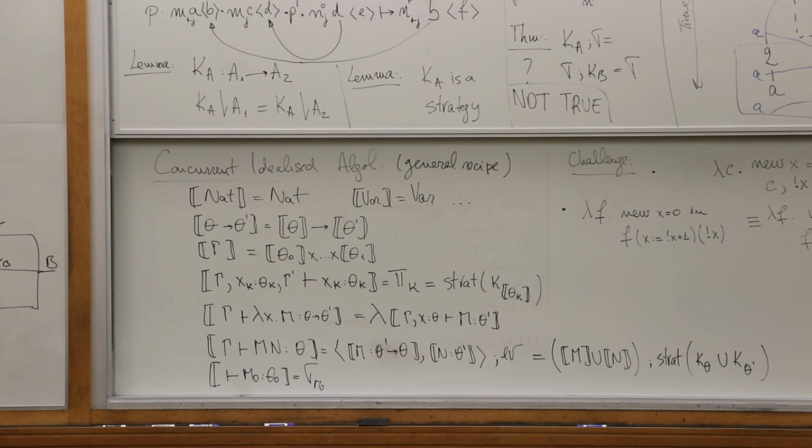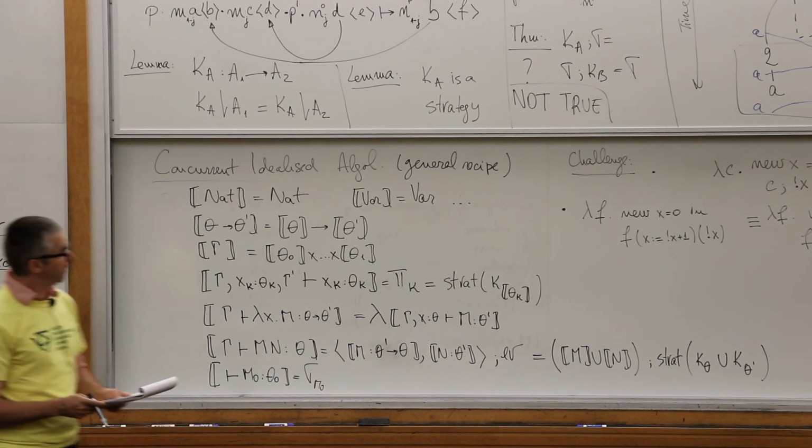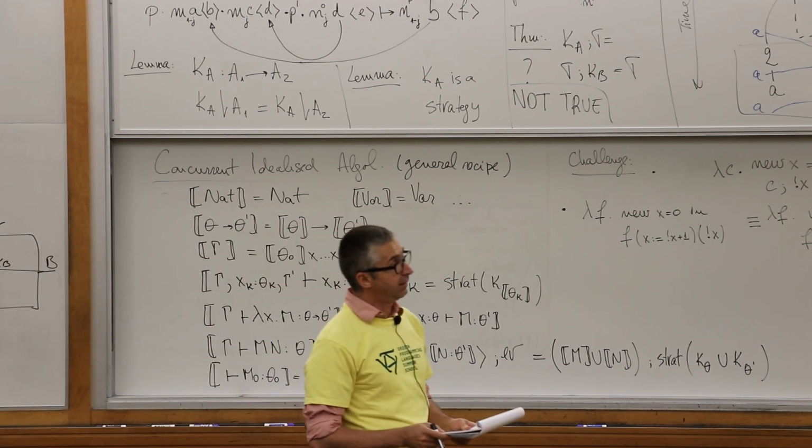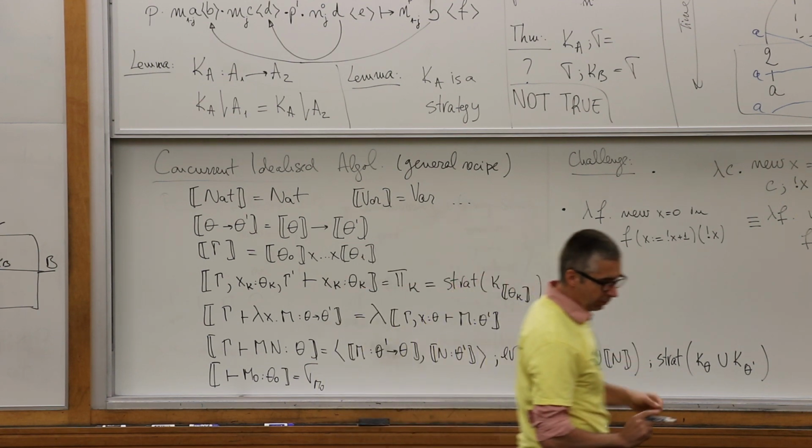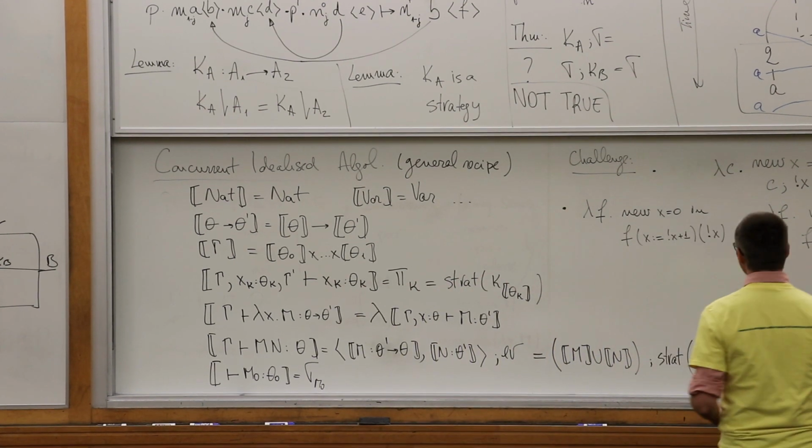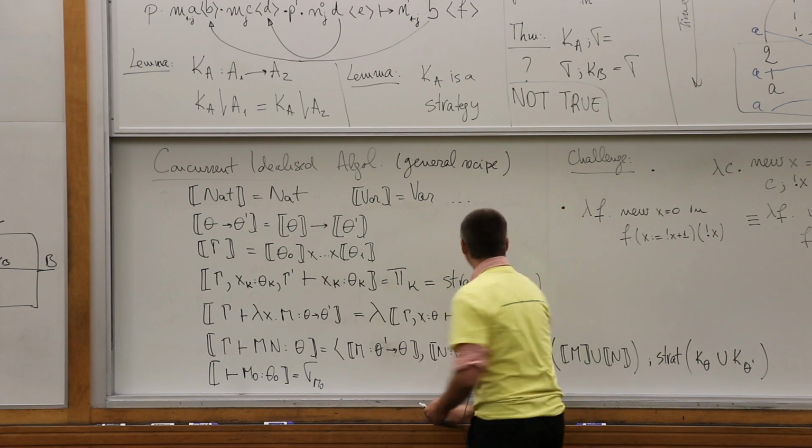Like we have seen what the strategy for addition is, we have seen what the strategy for constants, the strategy for new variable, and so on. Okay? So in the 5 minutes left, let's look at one of the examples, the first one, and I'm going to leave the second one as an exercise.